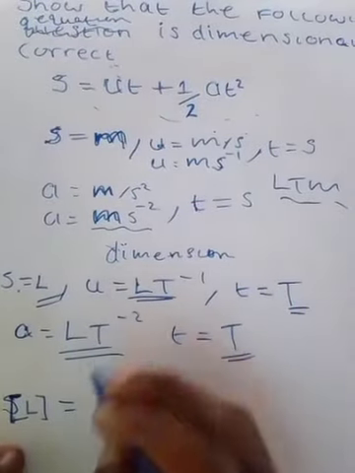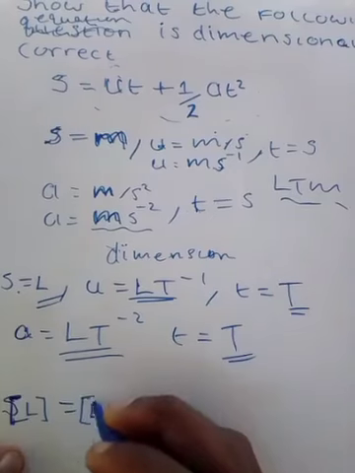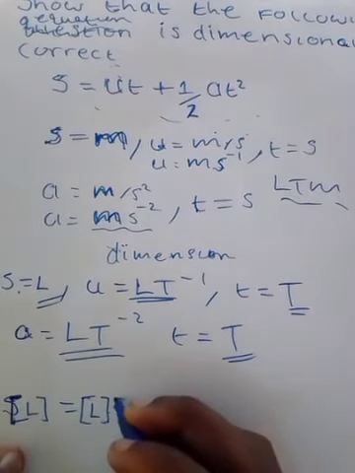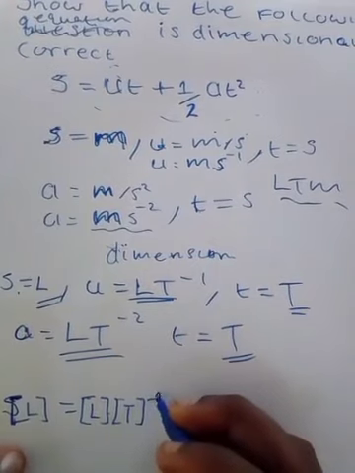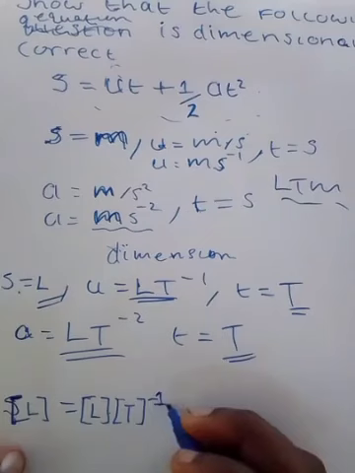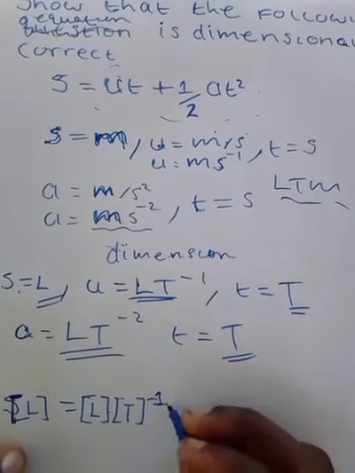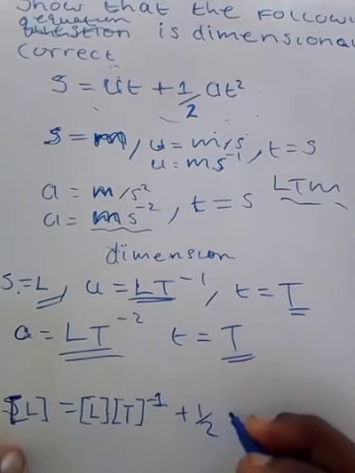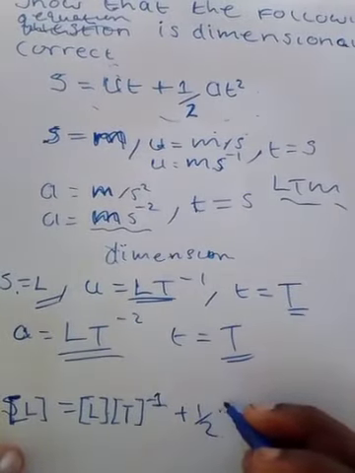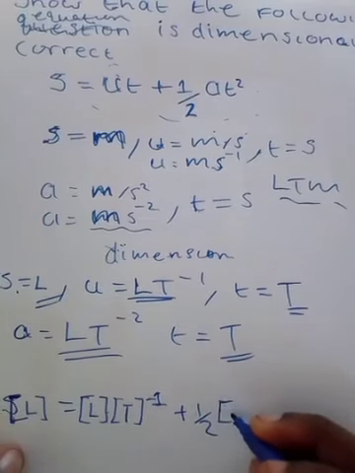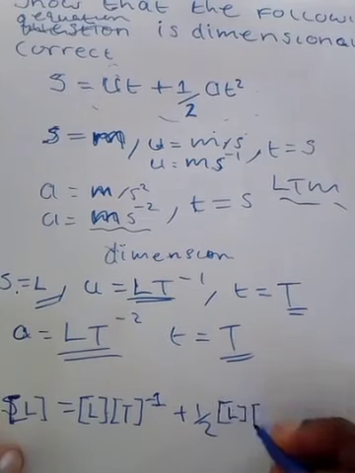You don't have to wrap them in square brackets, but it's just a standard way of representing. Raised to the power negative 1, and then plus 1 over 2, acceleration there, I'll put L, like this, in T squared.